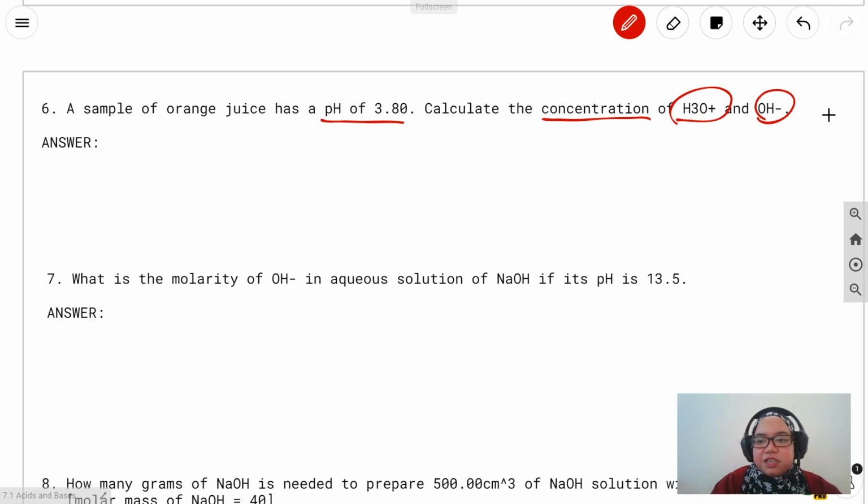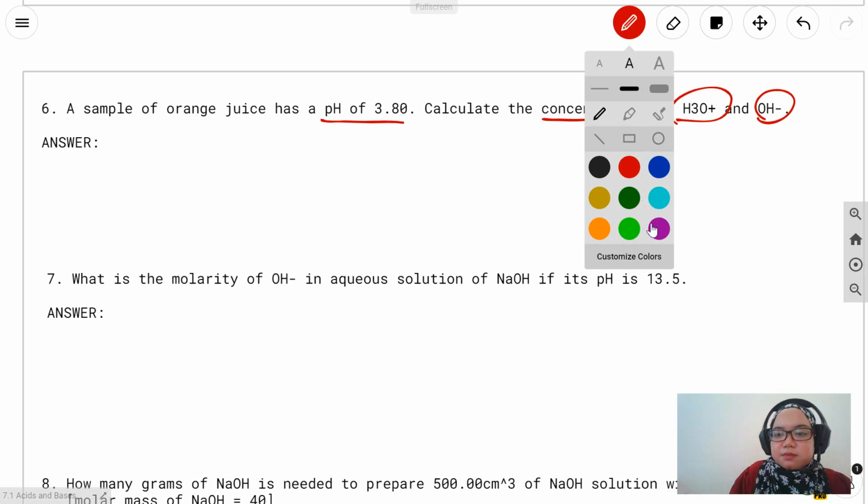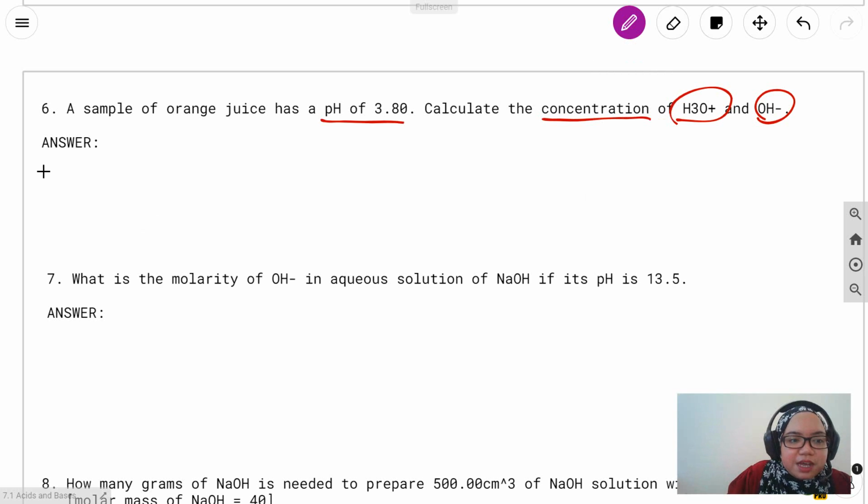So it wants us to find the concentration of H3O plus and OH minus. First, let's find the concentration of H3O plus. It gives us the pH, right? Okay, so we know that pH is equal to negative log H3O plus. Right? So since it gave us this, we use H3O plus.